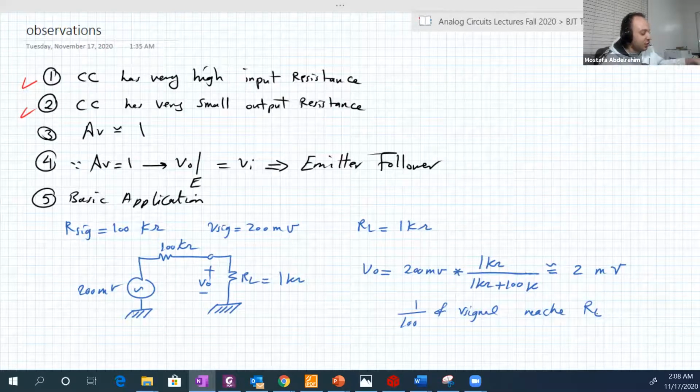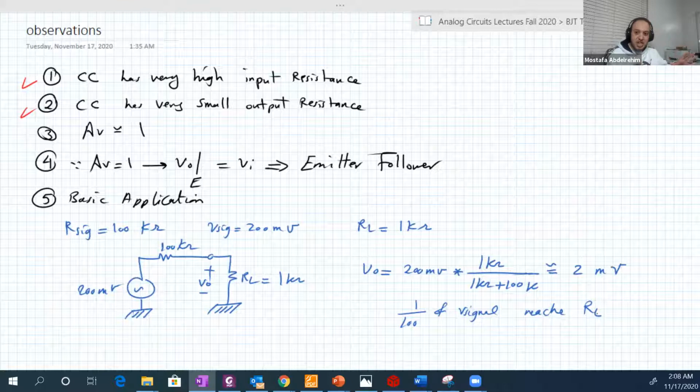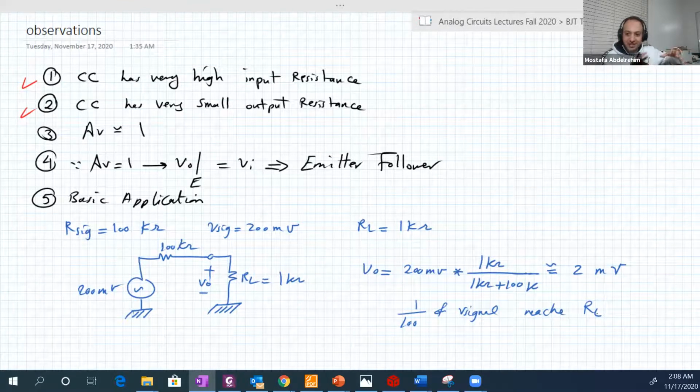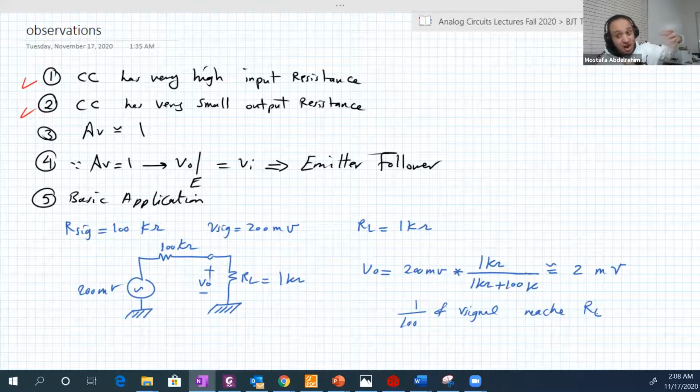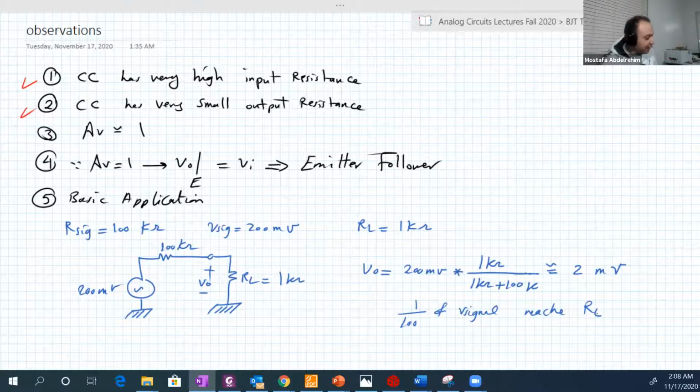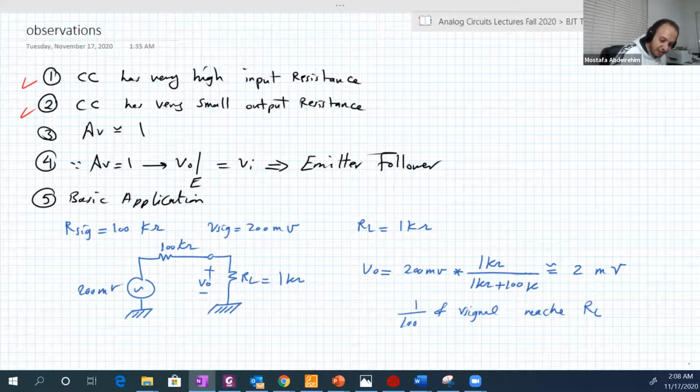The basic application for a common collector is to interface such horrible, highly mismatched circuits together: a source with a very high internal resistance to a load with a very small resistance.